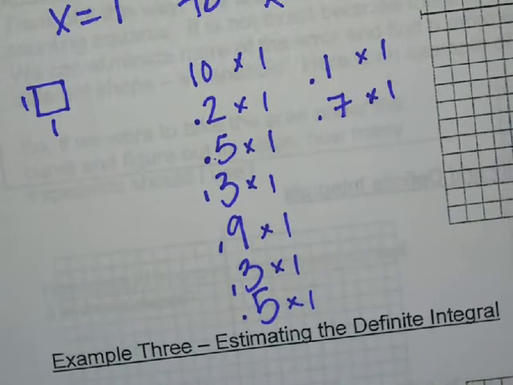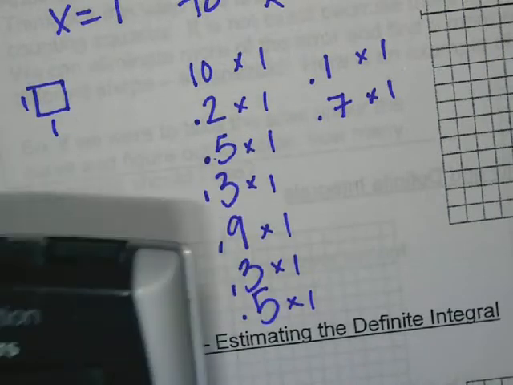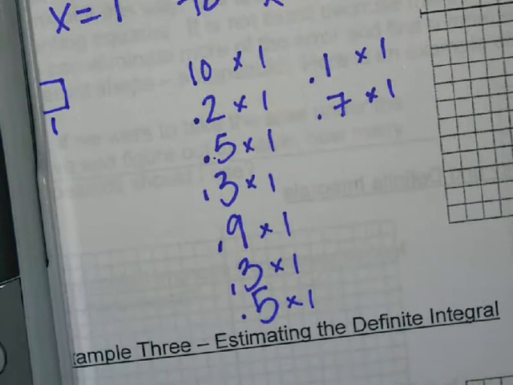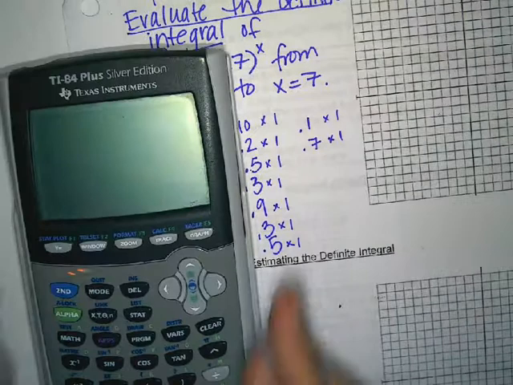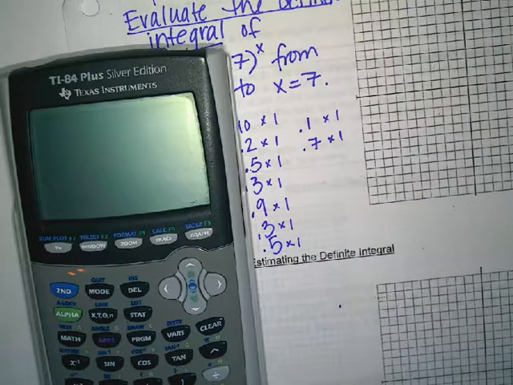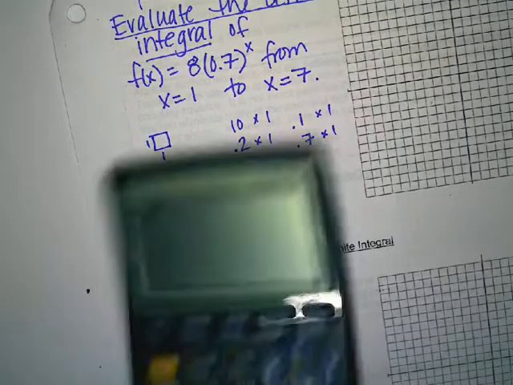Alright, and then we take our calculator, after I wipe mine off. Okay. And you add up 10. Oh, my batteries are low. Okay.